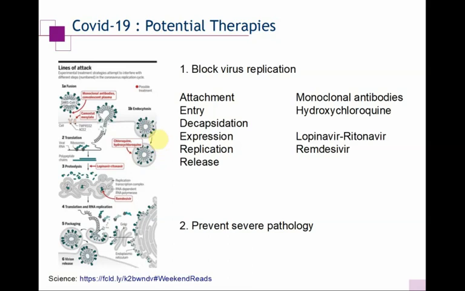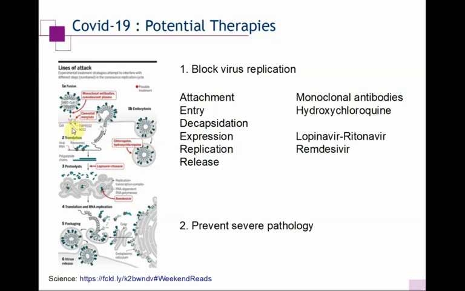Now, one of the things that is a little bit interesting about this is that I'm not sure that's actually correct for all cell types, because there does seem to be a direct entry pathway for SARS-CoV-2, because it binds to this co-receptor called TMPRSS2, which is also a kind of protease which seems to be able to activate the membrane fusion activity of the spike glycoprotein.